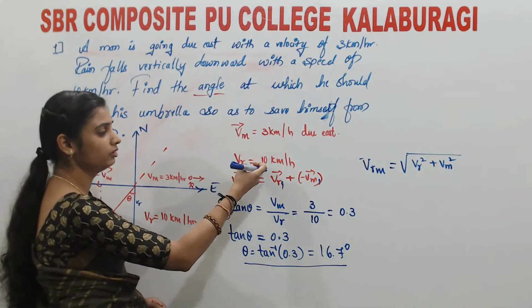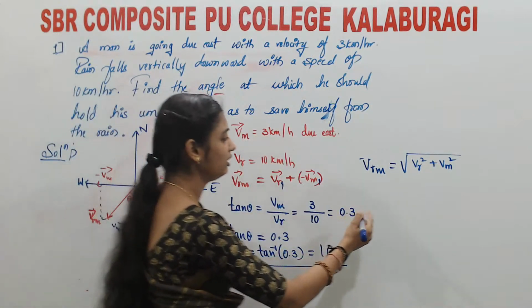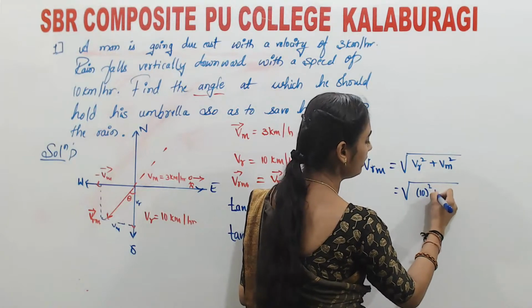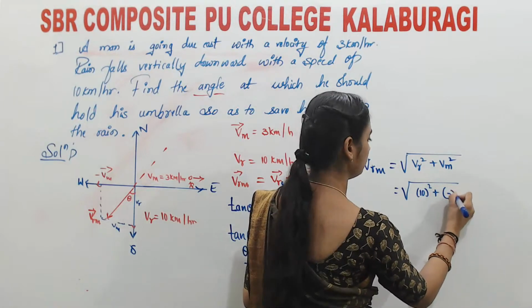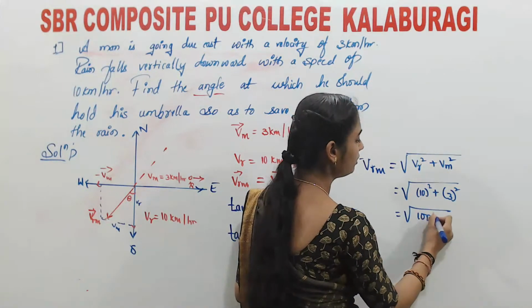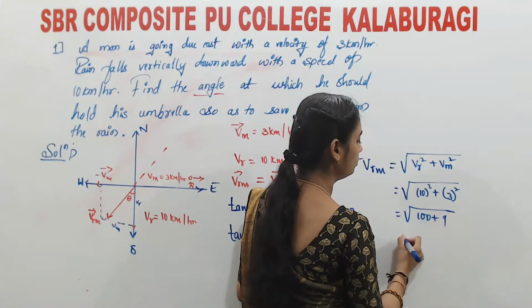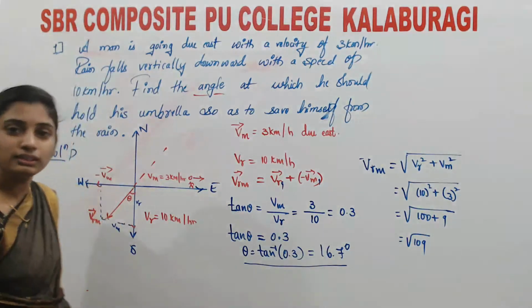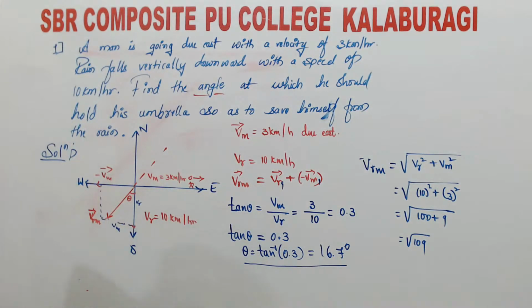Substitute the values: Vr is 10 square, Vm is 3 square. It is 100 plus 9. So under root of 109 you can write down. Okay. So this is how you can solve the numerical.